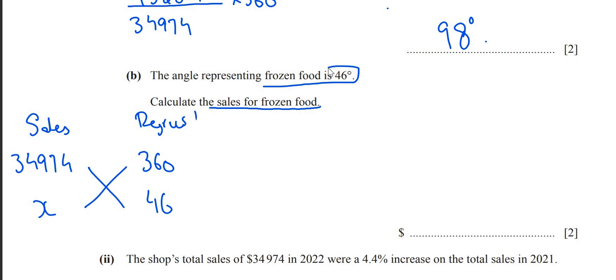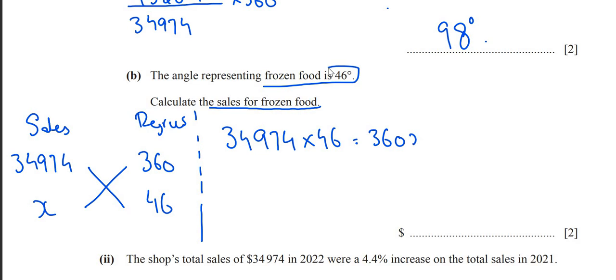Now I'll just cross multiply this. So this becomes 34,974 multiplied by 46 is equals to 360 multiplied by X. So X is equals to 34,974 multiplied by 46 divided by 360.